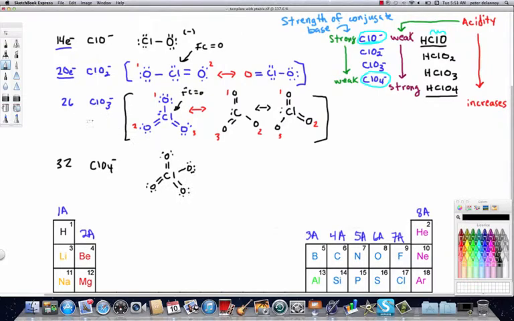All right, and you can see, since there are 4 oxygens on this molecule, that there's going to be 4 different resonance forms for this. So I'll number my oxygens. We got 1, 2, 3, and 4.